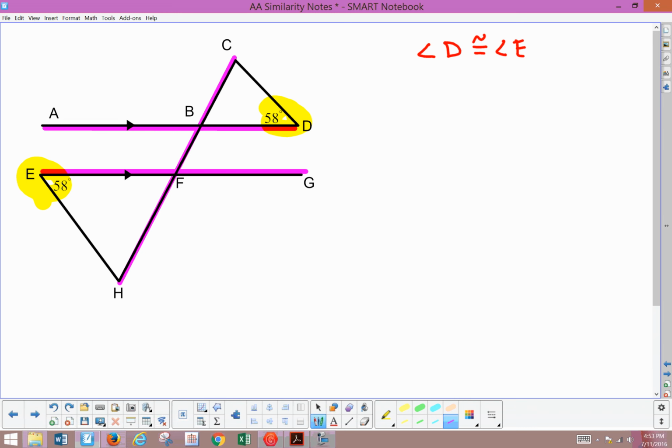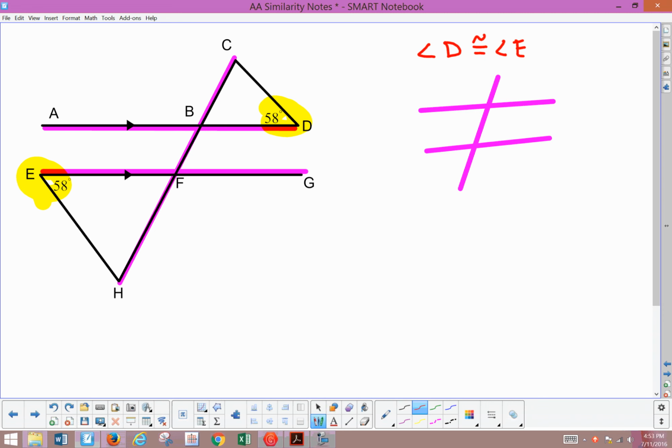Well, in our lesson yesterday, we reviewed some special types of angles that are created when you have parallel lines crossed by a transversal. And one of those relationships is in this picture. If I look inside my triangles, right here and right here, those are the same angles as what I would have here and here.